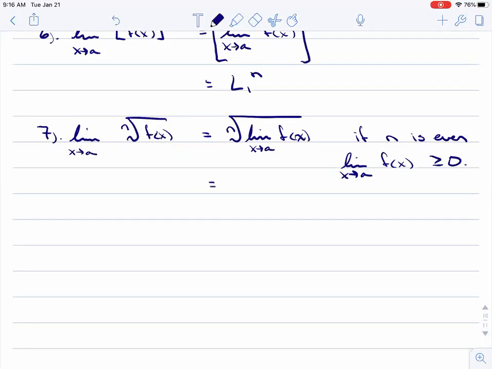But otherwise, in general, we can rewrite this as the nth root of L1. But again, if n is even, then L1 has to be greater than or equal to 0.